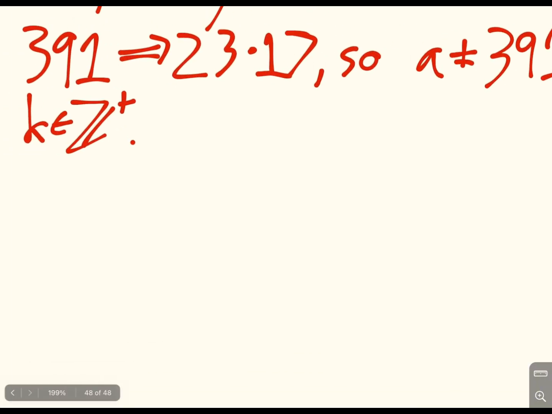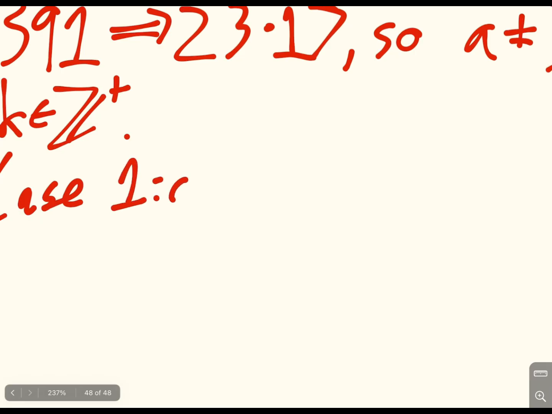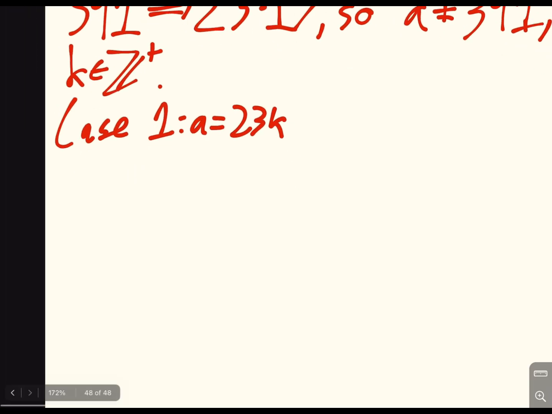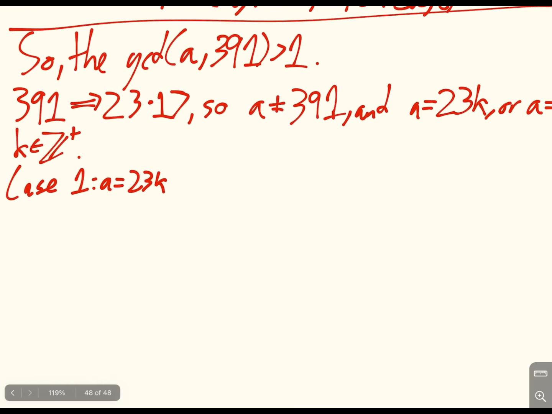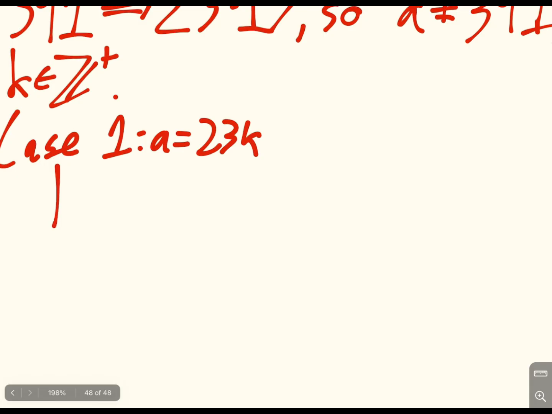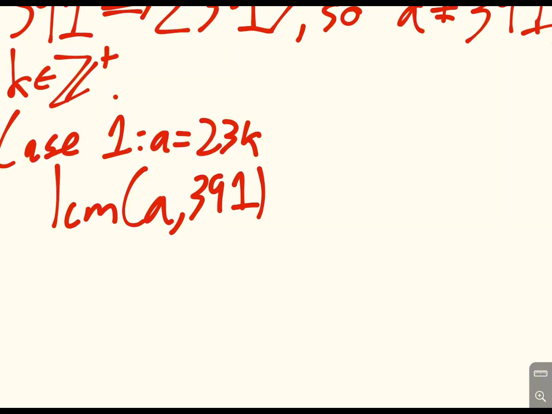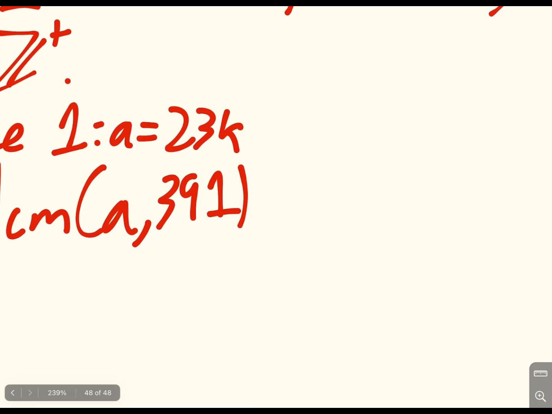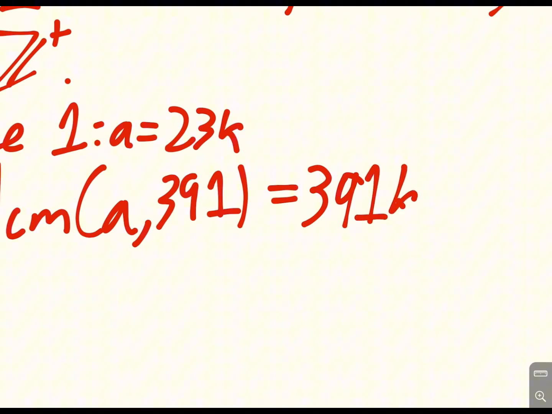So let's do casework. Case 1: a is equal to 23 times k. So then that means that the least common multiple of a and 391 is going to be equal to 391 times k.